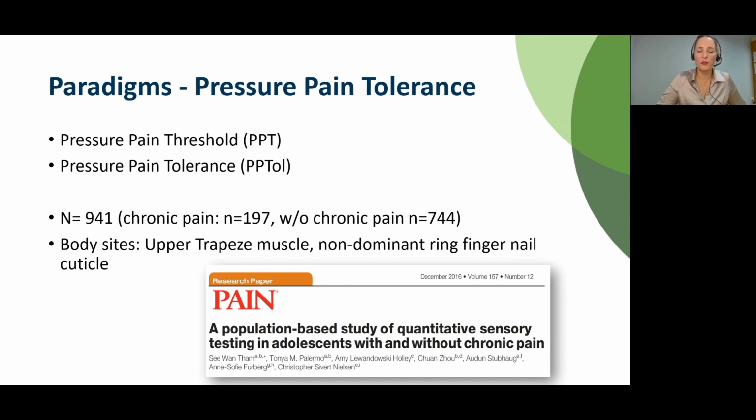So females were more sensitive than males, and those with chronic pain also had lower pressure pain thresholds than those without chronic pain. And of all the QST that they did on this group, pressure pain threshold and pressure pain tolerance were the only ones to be significantly different between the chronic pain and the no chronic pain group.